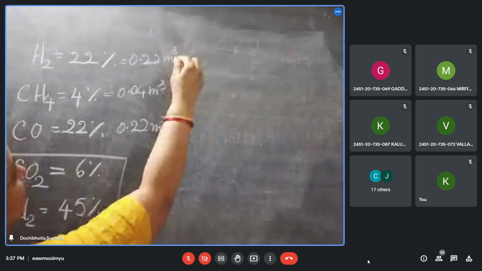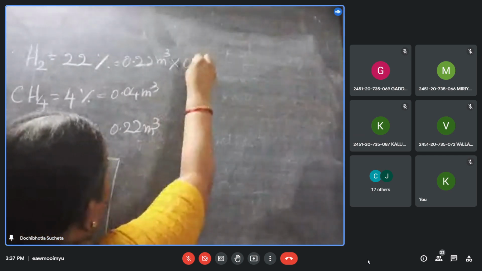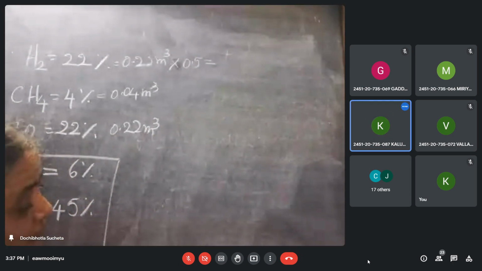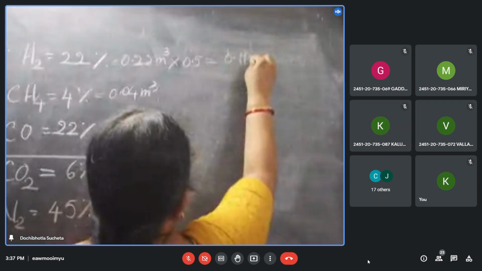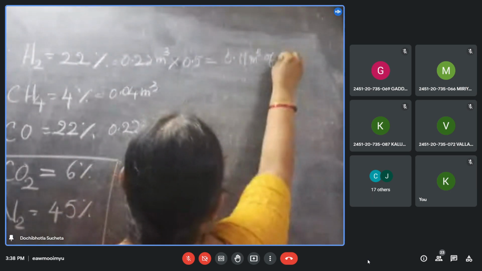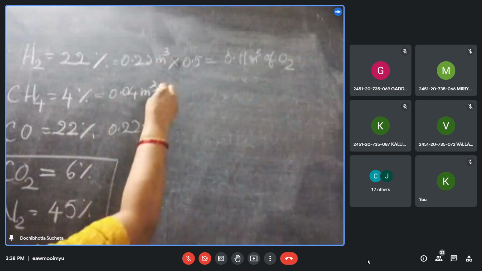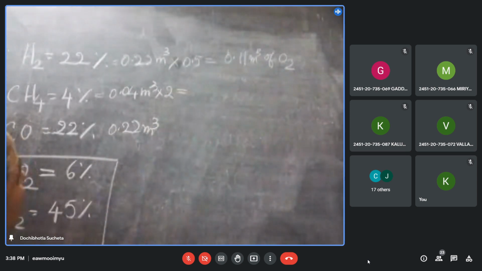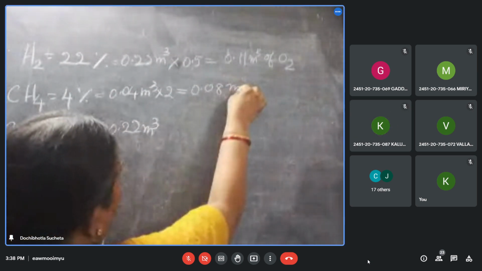0.22 meter cube into 0.5 will be equal to how much? 0.11 meter cube of O2. For complete oxidation of methane, it will be into 2, which equals 0.08 meter cube of O2.